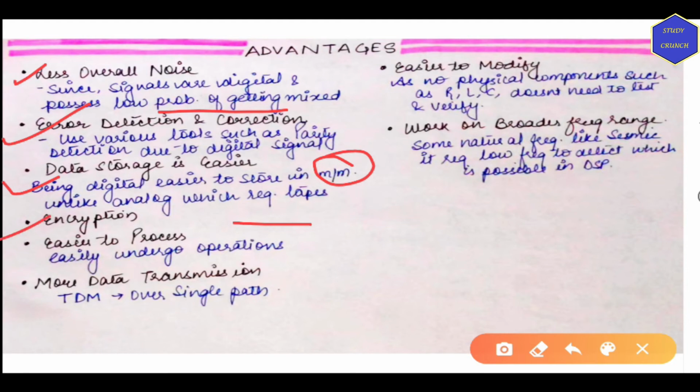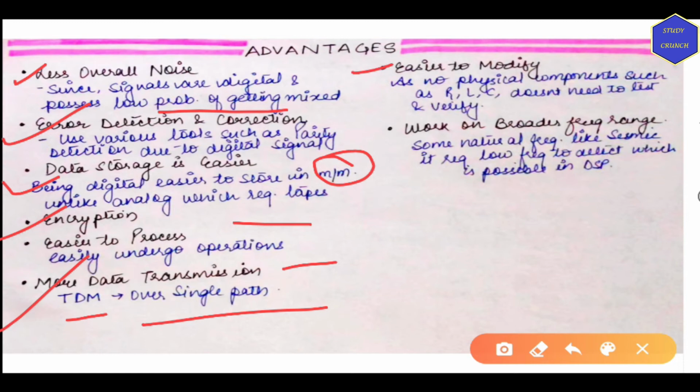Then encryption is easier to process, it undergoes various operations. Then it can transfer more data, so we have TDM systems, right? So over a single path we can transfer many data bits.